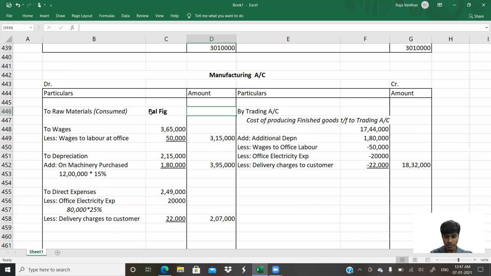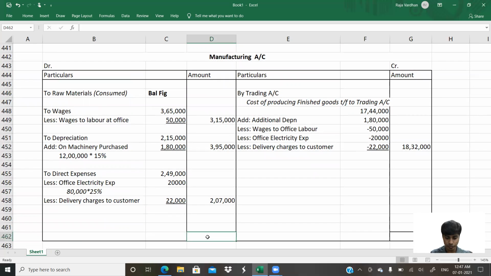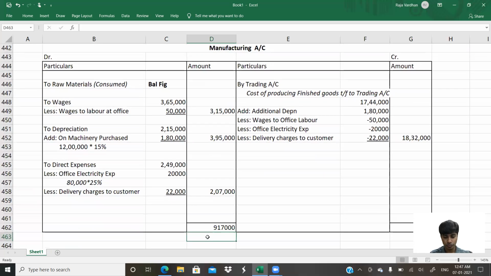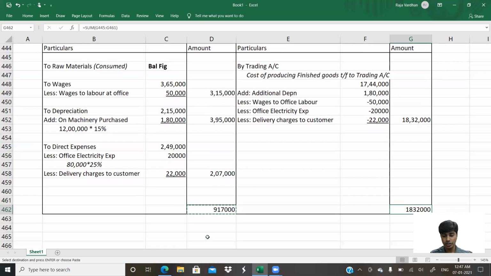First I'll put totals. Lakh 17,000 here, 18 lakh 32,000 there.